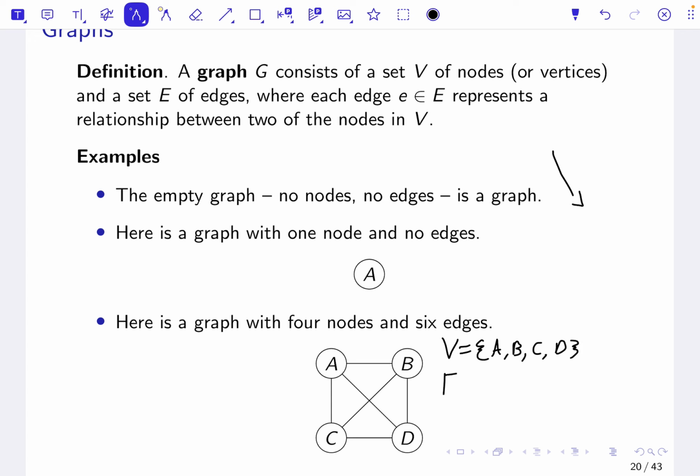How you represent the lines will actually differ from case to case. But for this kind of graph, a simple graph, we're going to note the edges as subsets of V, subsets that contain exactly 2 elements.